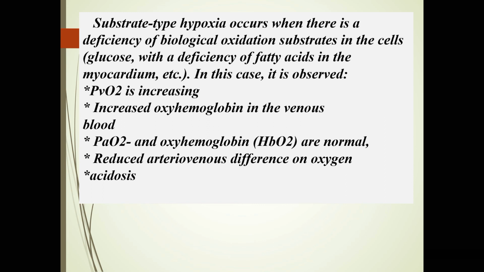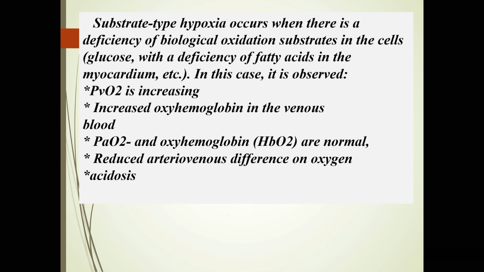A mixed type of hypoxia is a combination of several types of hypoxia, for example, with traumatic shock, circulatory and respiratory. For example, microcirculation in the lungs is disordered and forms shock lung. With severe anemia or massive formation of carboxy- or methemoglobin, hemic and circulatory hypoxia develop.